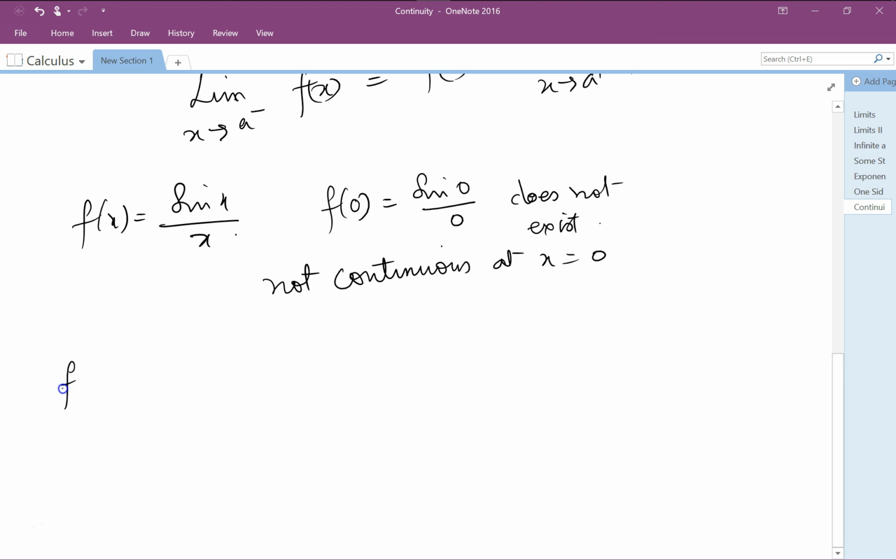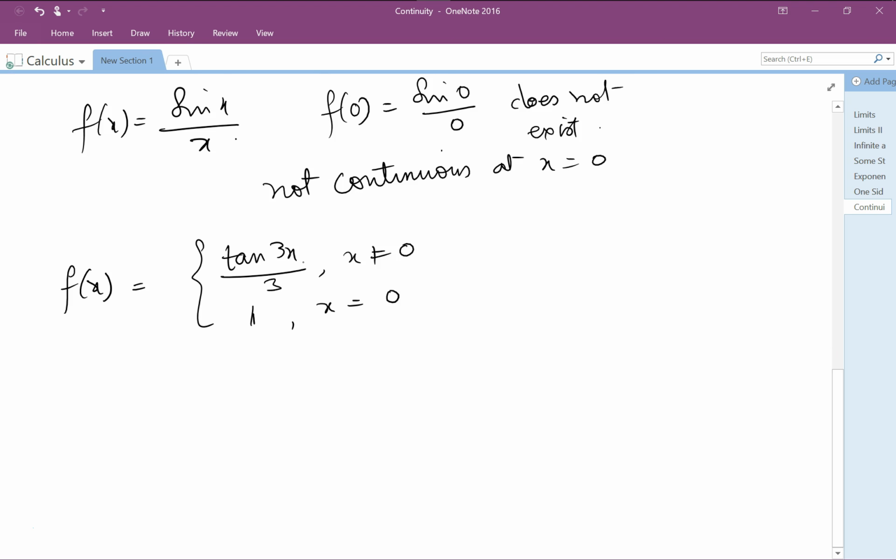Okay, let's look at the next one. f of x is equal to tan 3x by 3 if x is not equal to 0, and it is 1 if x is equal to 0. Let's take it step by step.